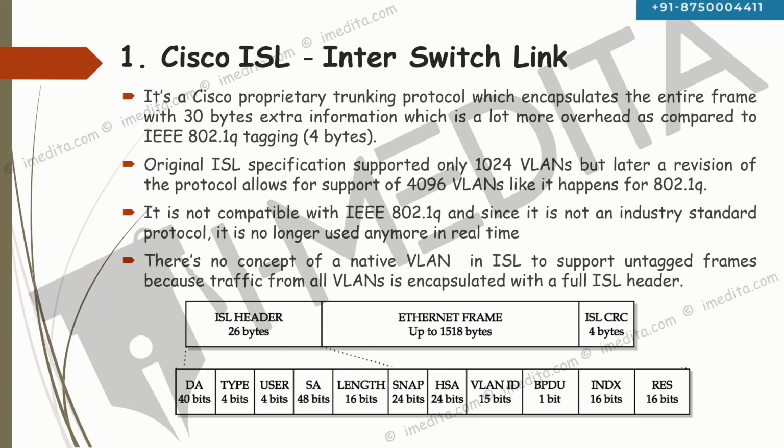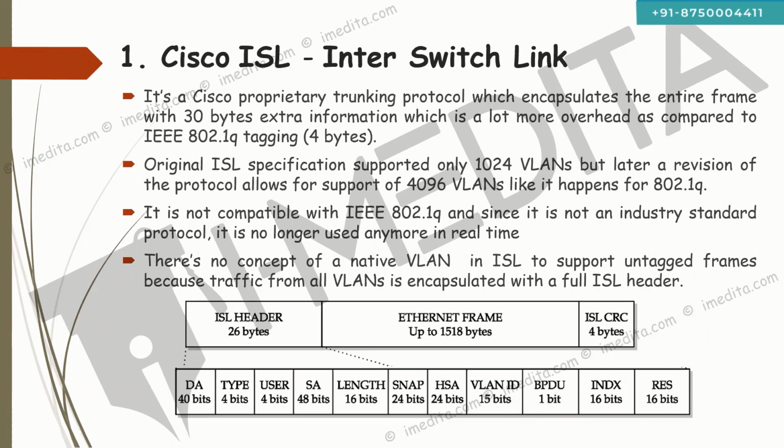So in modern day, if you still see ISL on some particular switch, you will see that the protocol actually supports all the VLANs. It's not like it will support only those 1024 VLANs. It will support all the VLANs, right?